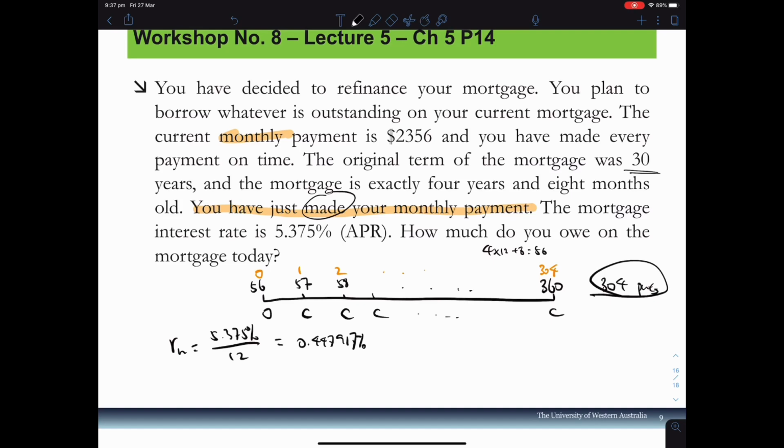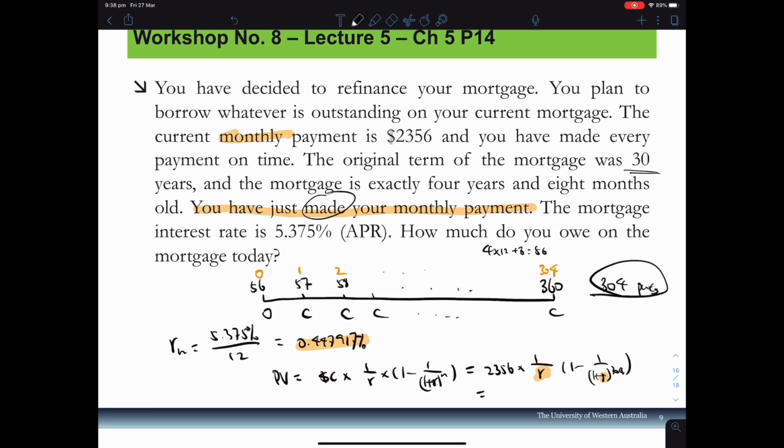That just means the present value of your remaining payments, which is C times 1 over R times 1 minus 1 plus R to the power of N. That equals your monthly payment 2356 times 1 over R, times 1 minus 1 plus R to the power of 304.